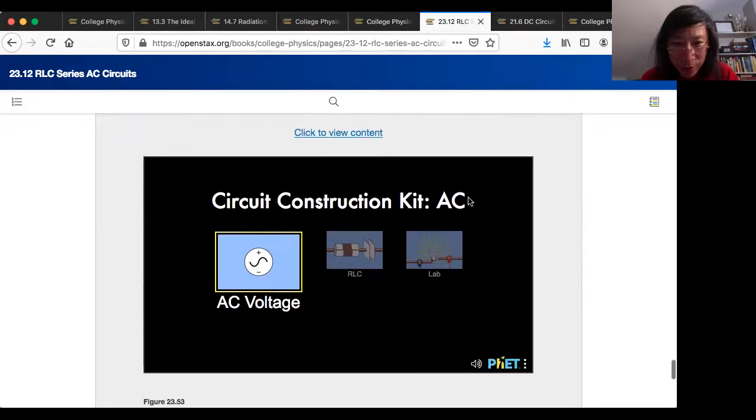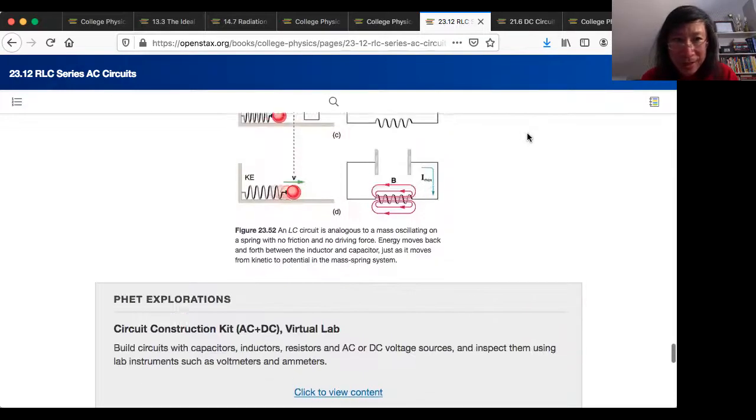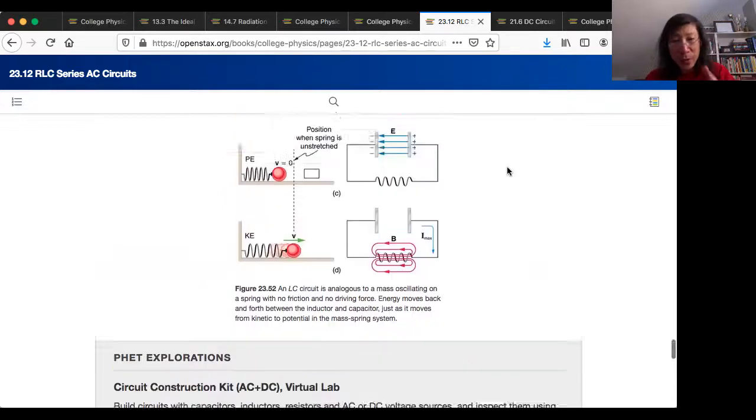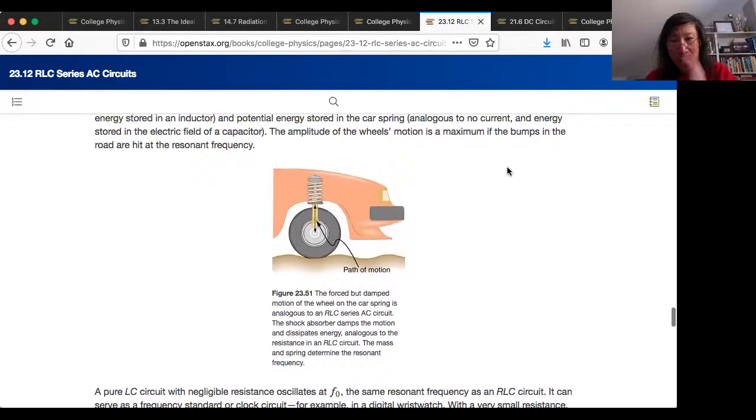So if you have an RLC circuit in an AC driven supply, you can create the same kind of resonance that in a physical circuit, like this car thing going bouncy, bouncy, bouncy, you get bigger and bigger and bigger kind of waves. Remember that very often, you may have seen this in physics 116, resonance is shown to show how you can really damage something if it gets too big.